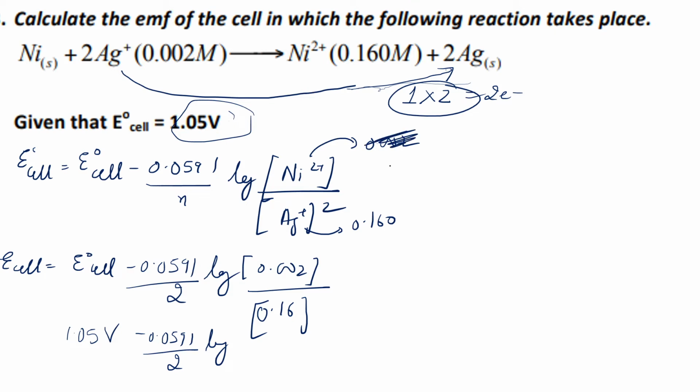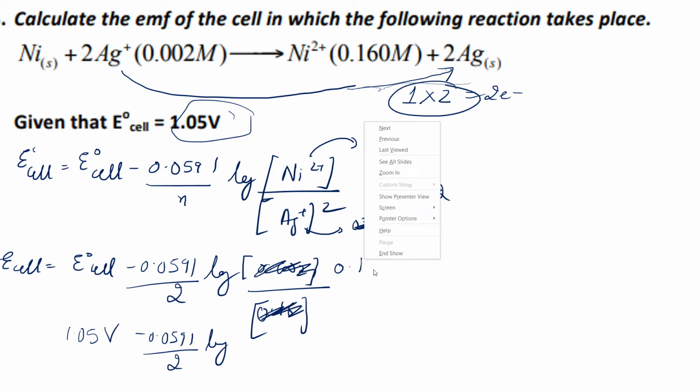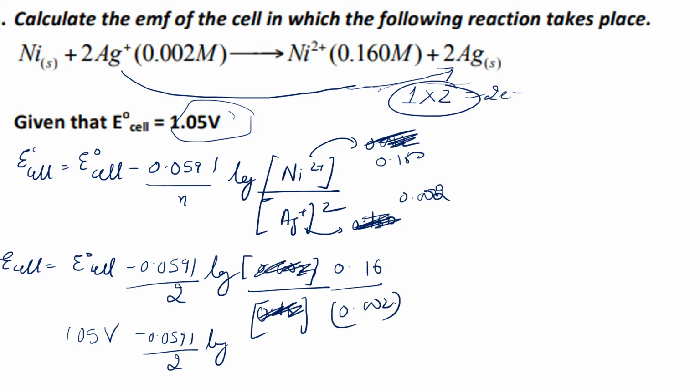For nickel it is 0.160 and for silver it is 0.002. So it is 0.16 over 0.002 square. Solving this equation you will be getting 0.16 divided by 0.002 square. You can solve it by using a calculator.